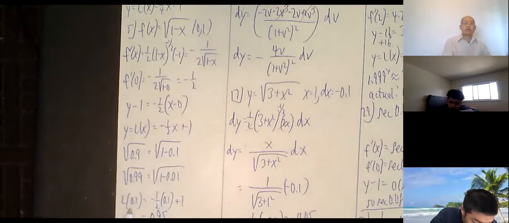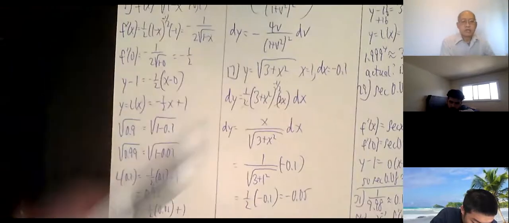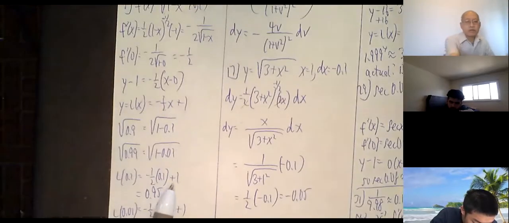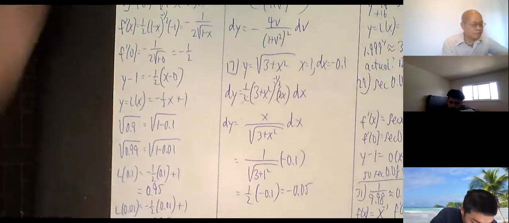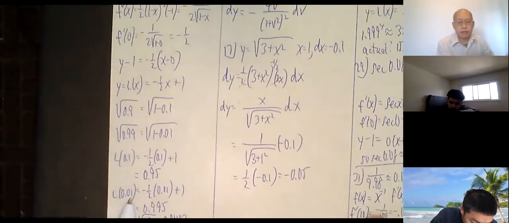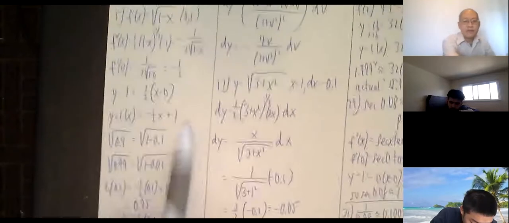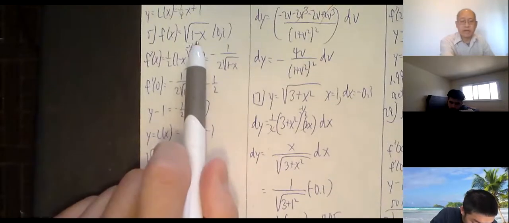So L of 0.1 is negative 1/2 times 0.1 plus 1. I plugged in 0.1 right here, and it comes out to be 0.95. Do the same thing for 0.01. F of 0.01 means I'm taking the square root of 0.99.